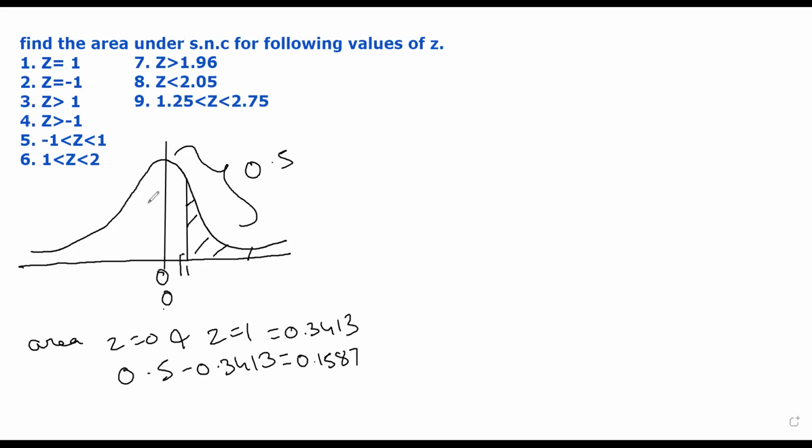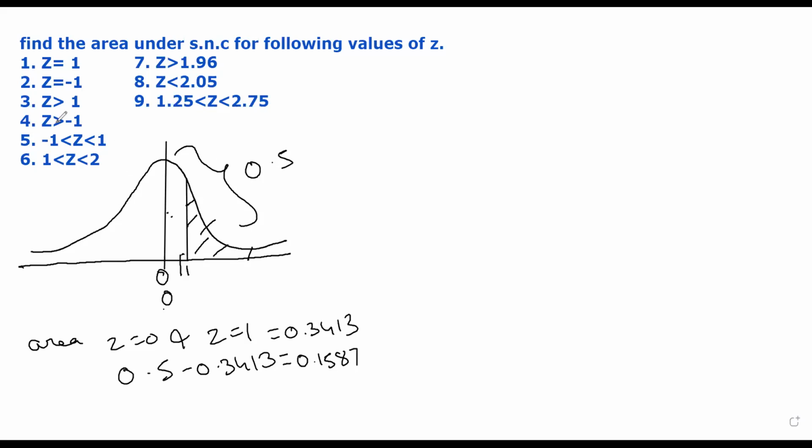This is again based on the theory that because the standard normal curve is symmetric and the total area is 1, it is equally divided on both the sides of the axis. So here it is 0.5 and here it is 0.5. I know this area. 0.5 minus this, I'll get this area.